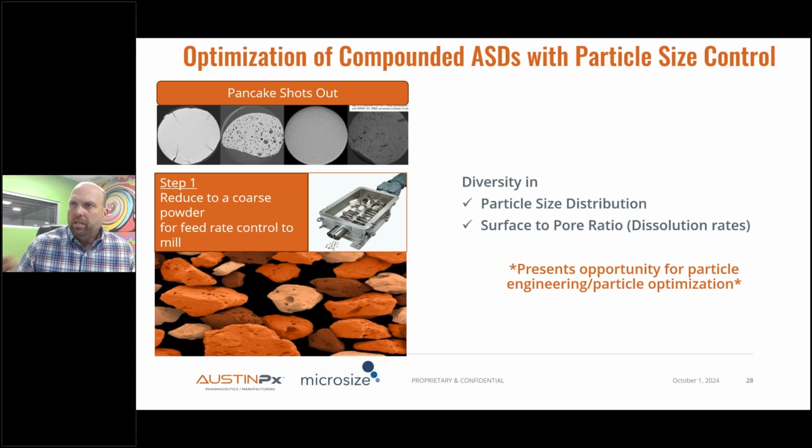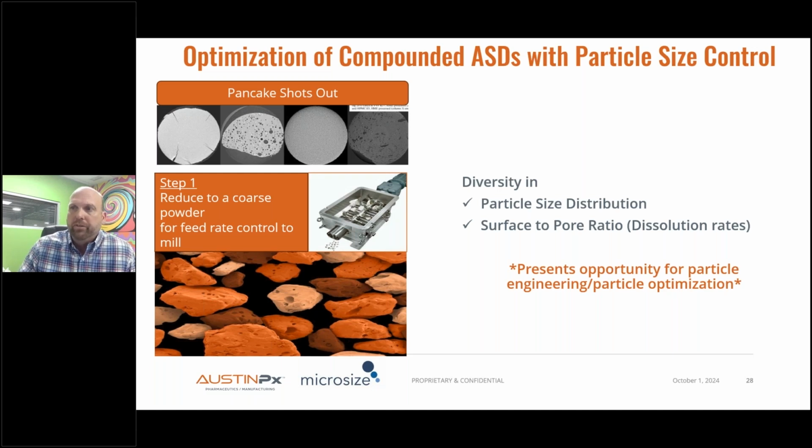So where Justin left off with the compounder and the ASD formation, what comes out of that process is a stable, solid form factor that's about a couple inches in diameter, very thin, very brittle, and that form factor needs to be converted into something usable, and that's where the particle size control and morphology control optimization opportunity comes in.